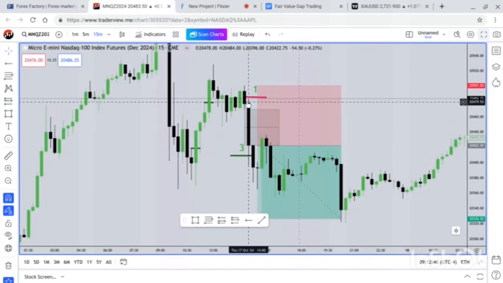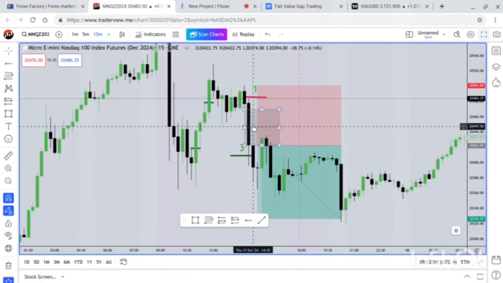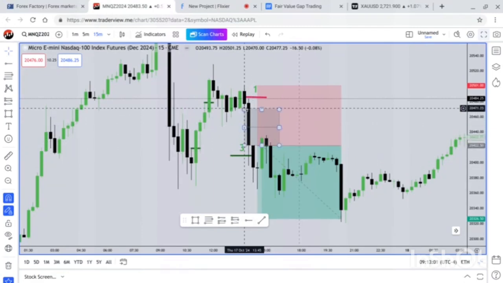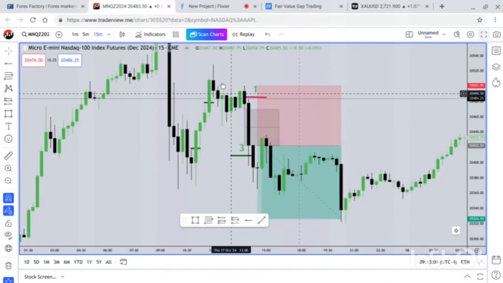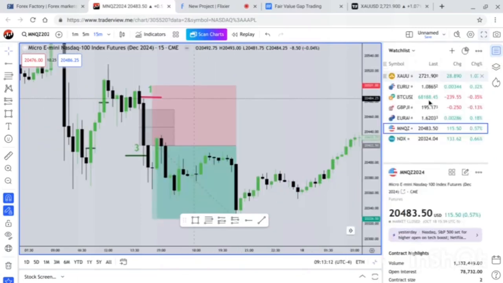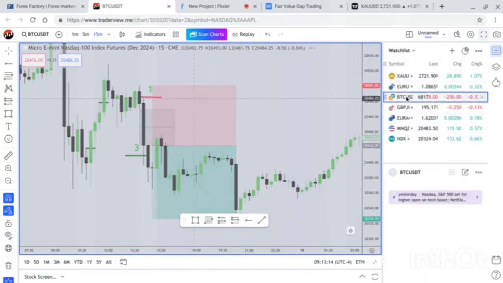We have the first candlestick, a displacement to the downside, a big move to the downside. Then the third wick will determine your fair value gap, because if the third wick goes up and fills out the first wick, it is no more a fair value gap. But if it did not fill it out, then it is a fair value gap. Let me show you on a live chart. Now, BTC is the only live chart we have.